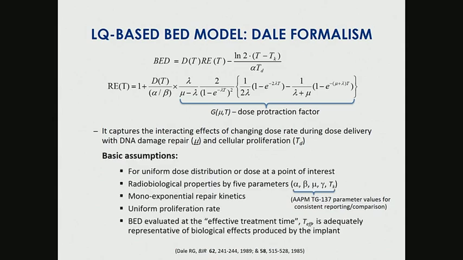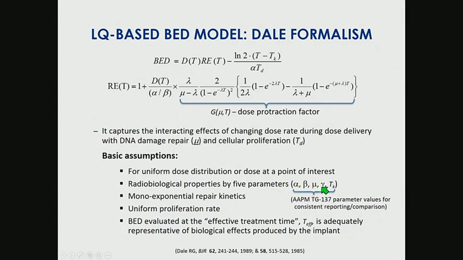The formula as written applies for uniform dose distribution or for a point dose in an inhomogeneously distributed dose. And in addition, it assumes the biological properties of the tissue can be characterized by these 5 parameters.